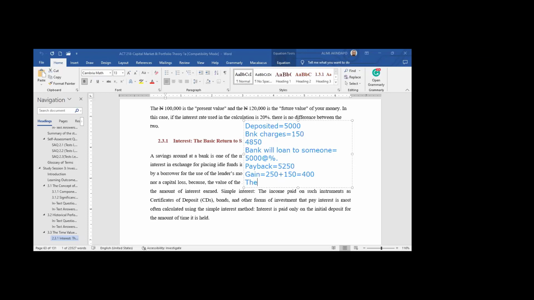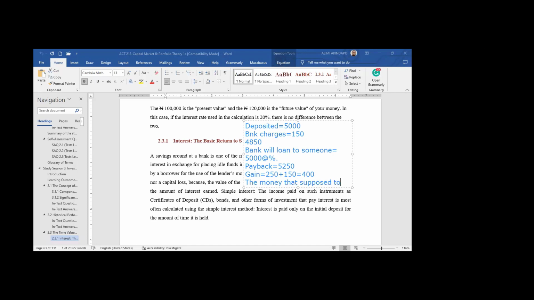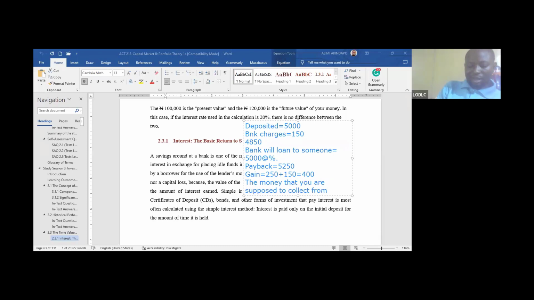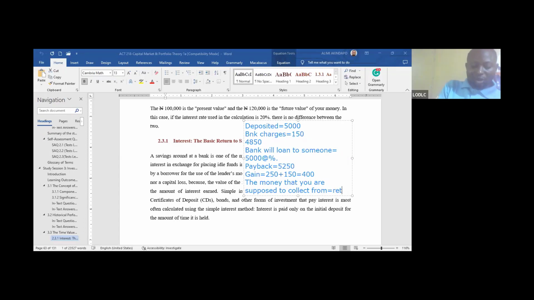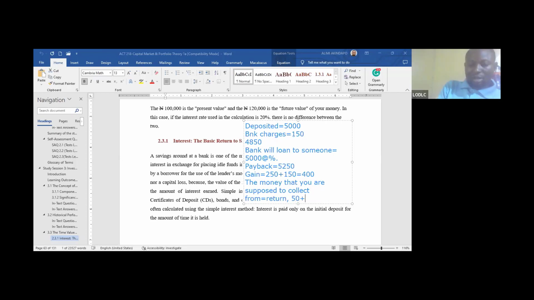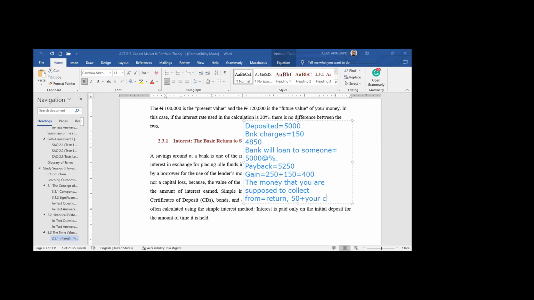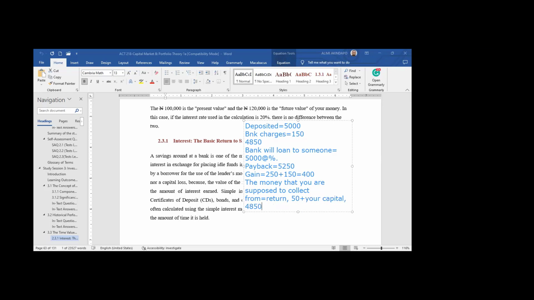So the money that you are supposed to collect from the bank will now include the interest return, which is 50 naira, plus your capital, which is 4,850.